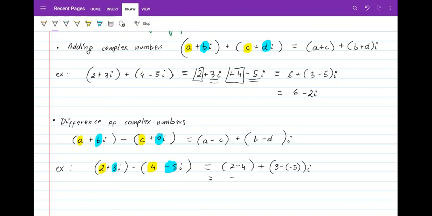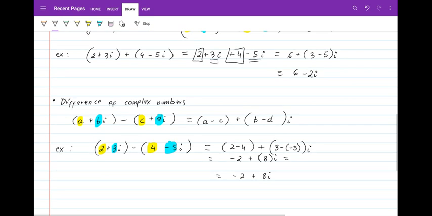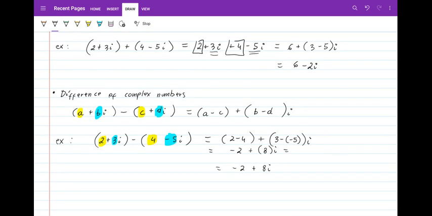So that will give us negative 2 plus 3 minus negative 5. This is just 3 plus 5. So here we're getting 8i. So we have negative 2 plus 8i. Okay. That's one way to do it.